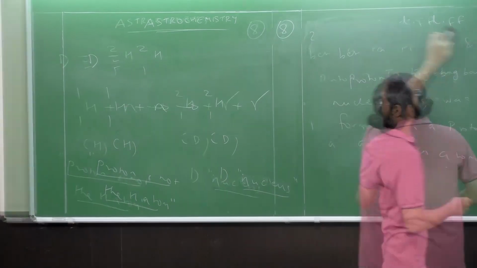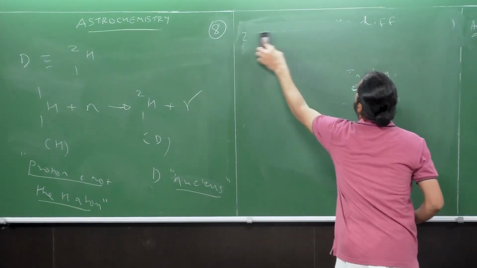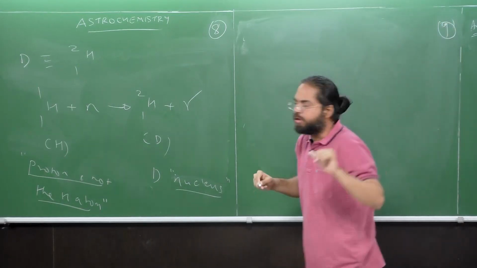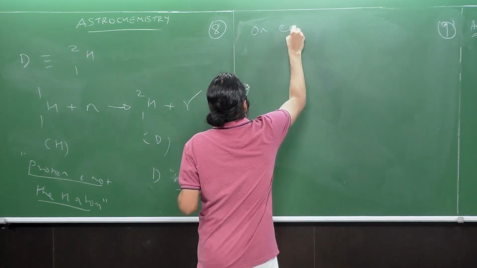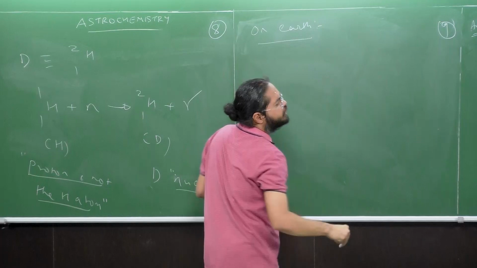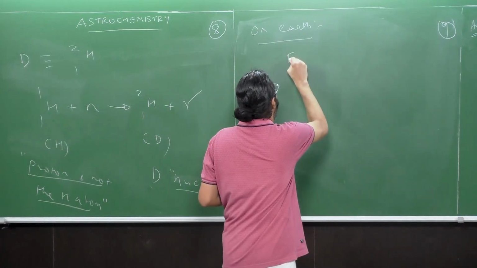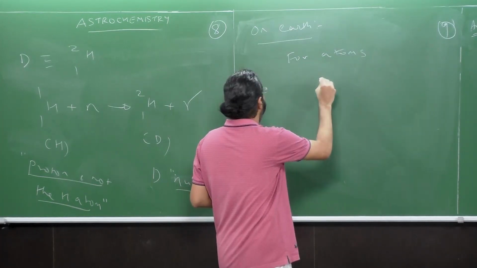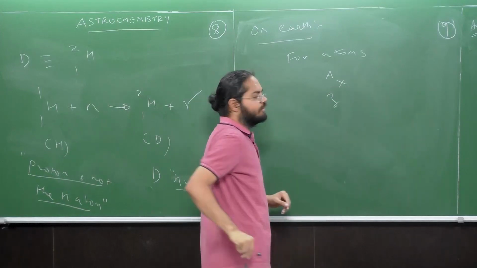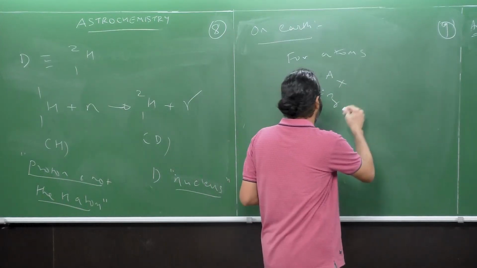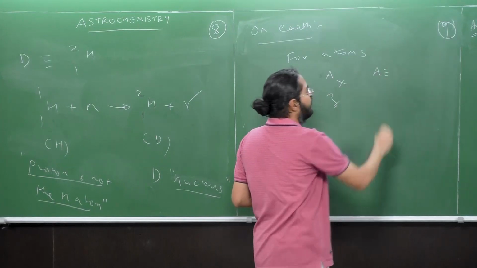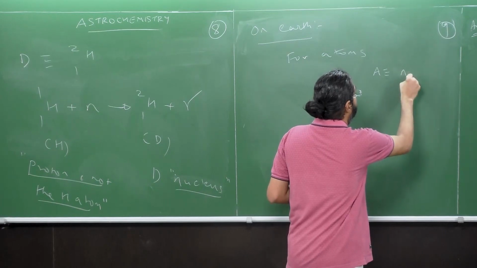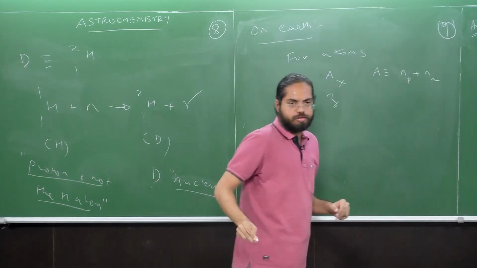I will not delete the question. Why is this concept important? Why do I ask you to pay attention to what looks like a very simple idea? See, on Earth, when we usually use the symbol for elements, for atoms, like A X Z, A is the mass number, which is defined as number of protons plus number of neutrons, correct?